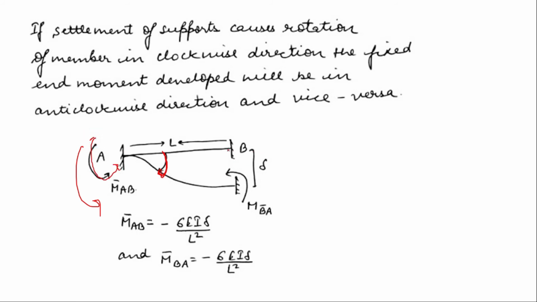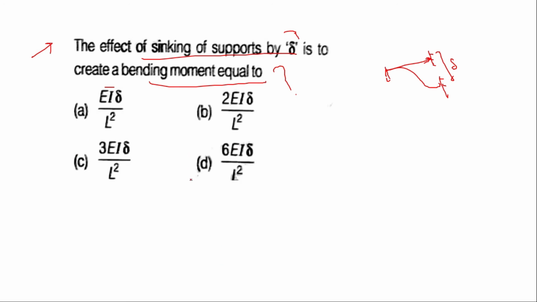So the support gets settled by delta and it will create a fixed end moment of 6 EI delta upon L square, and this is the answer. This is a very important question. They usually ask it in many of the exams, so just mark it up that MBA, due to the effect of sinking, will be 6 EI delta upon L square. Okay, so the answer will be 6 EI delta upon L square.